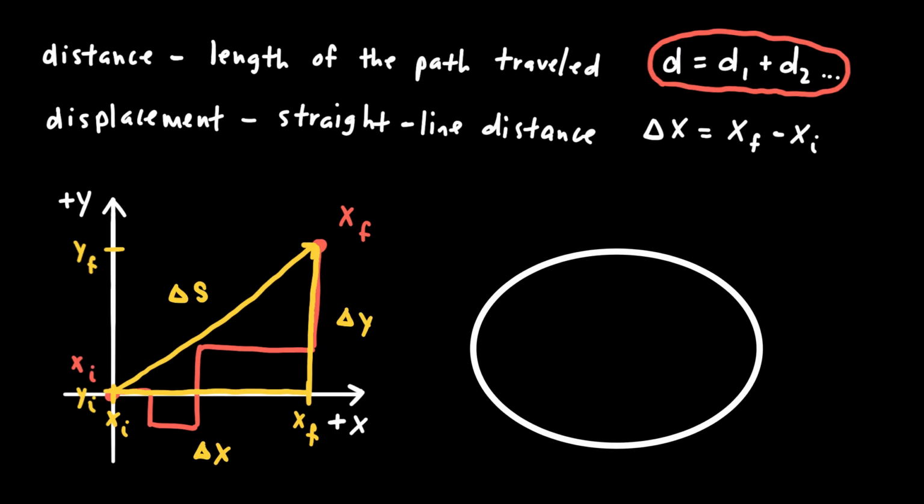Just some arbitrary displacement that depends on my displacement in the x and y directions. So bottom line, displacement is a straight line distance that points from the initial position to the final position. It does not depend on the path that I take, only on those initial and final positions. In one direction, the way that I calculate that is I subtract the initial position from the final position. So xf minus xi.